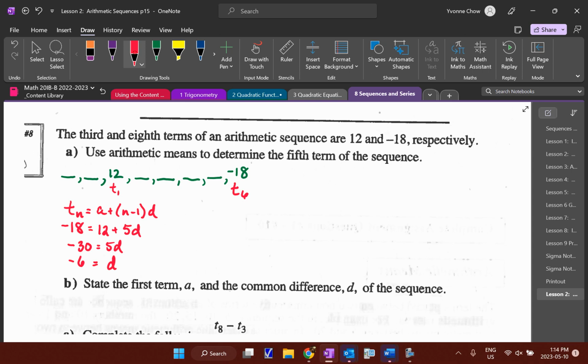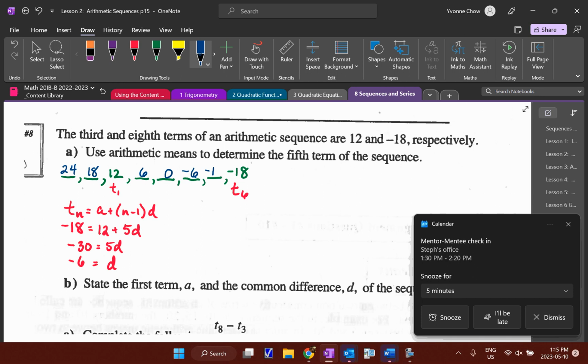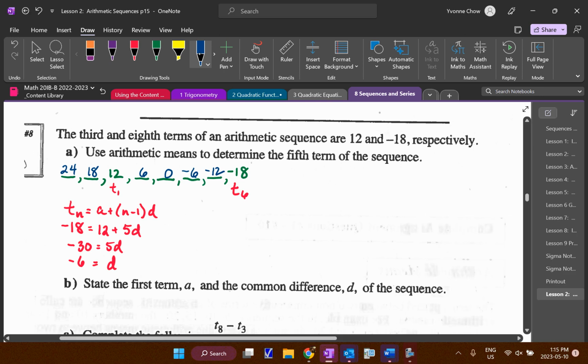At that point, I can fill in from what we know. So if we know 12, and that means that this is going to be 18, that will be 24, and then we're looking at 6, 0, negative 6, and negative 12 then, and so that seems to work out nicely in that case.